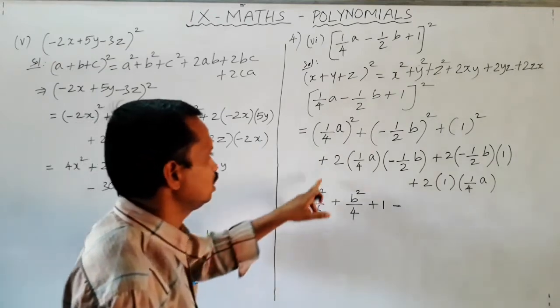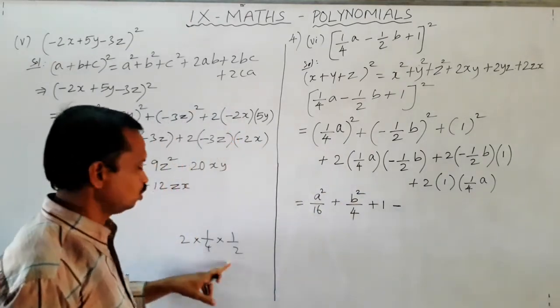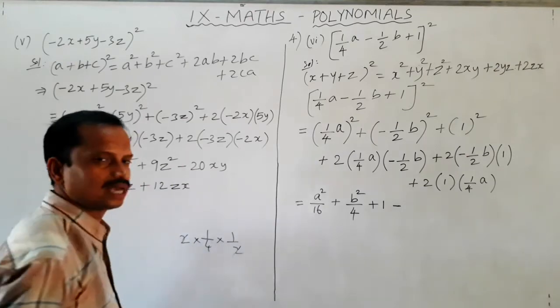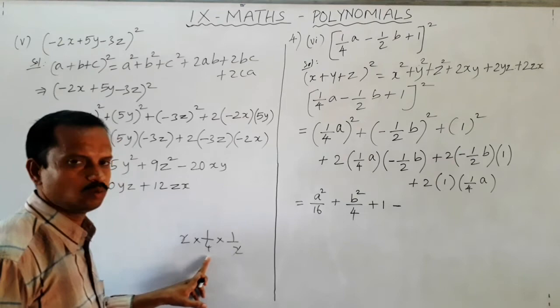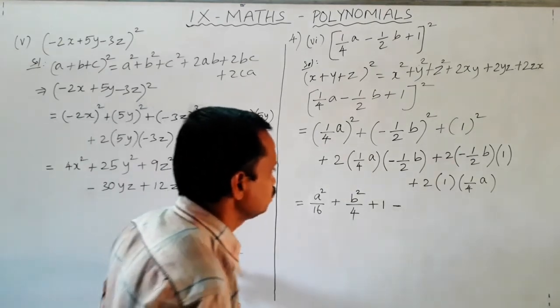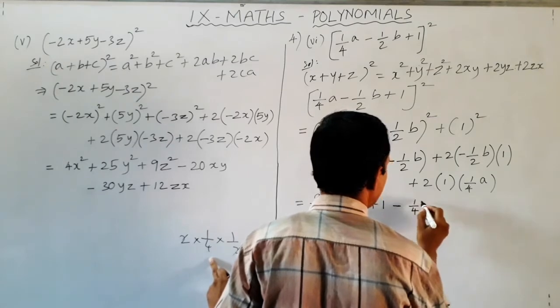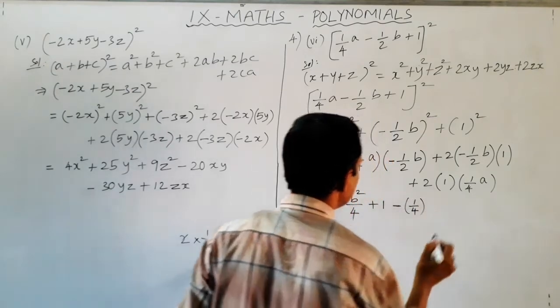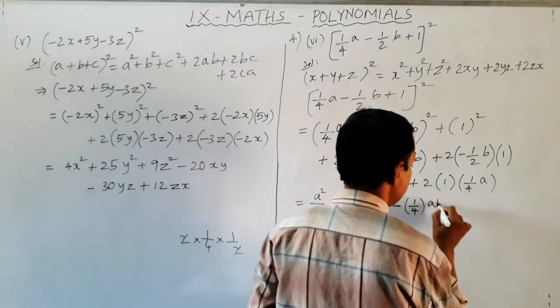The sign I have put already: plus into minus, minus. So for the number, 2 into 1 by 4 into 1 by 2, this 2 gets cancelled, numerator 2, denominator 2. Clear? So what is remaining? 1 by 4. So you just write 1 by 4 and then the variable is a into b, ab, that's all. So ab.